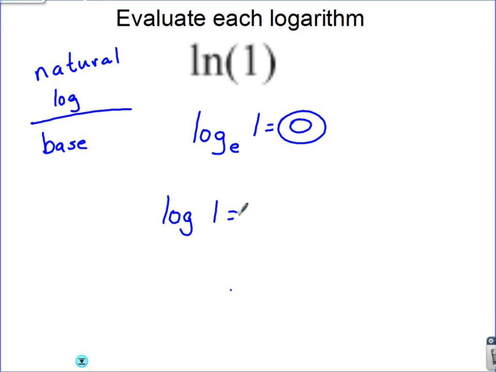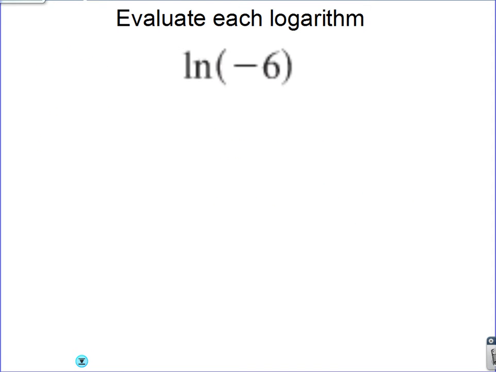That's common log. 10 to what power is 1? 0. What's log base 3 of 1? 0. Any kind of log of 1, whether it be log base 3, log base 5, log base 1,000,000, log base e of 1 will always be 0, because anything you raise to the 0 power is always 1. Okay, moving on. Natural log of -6.